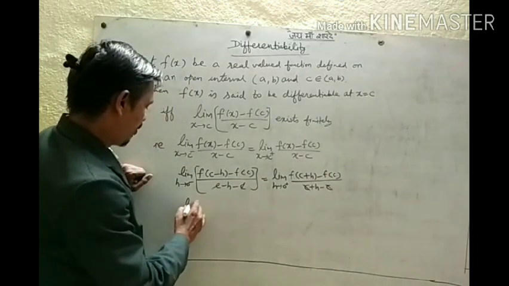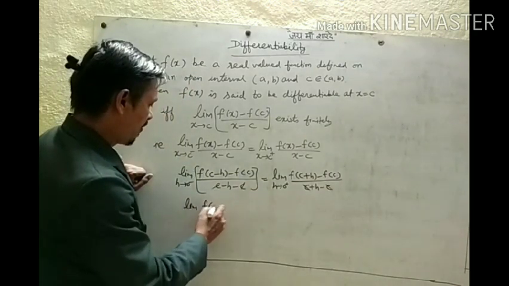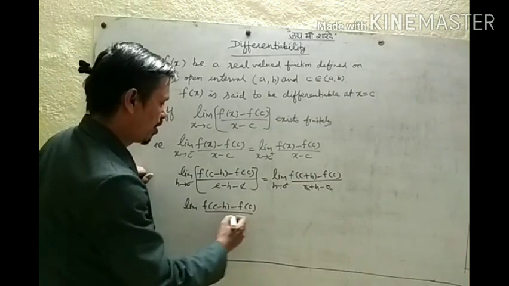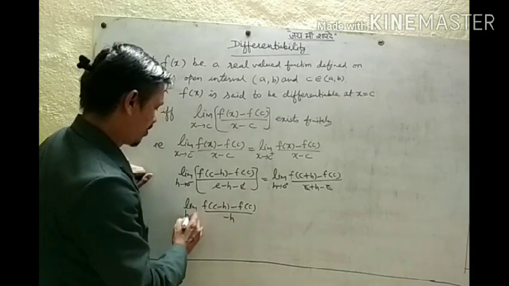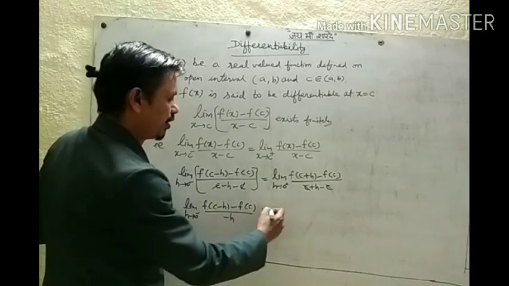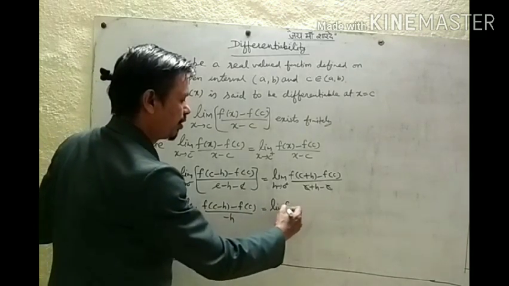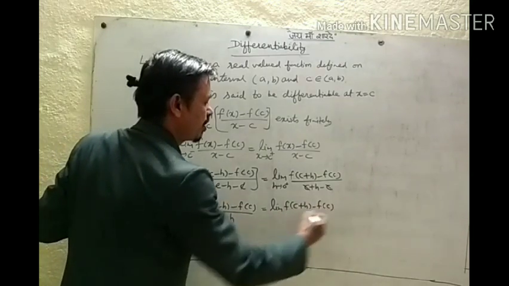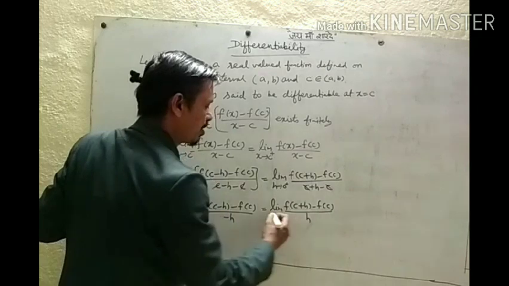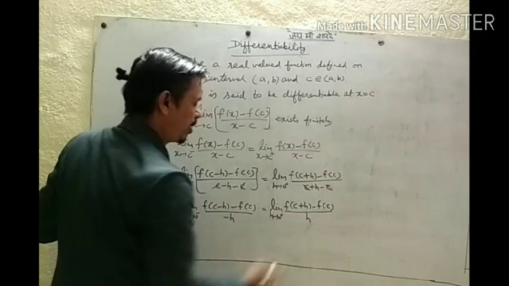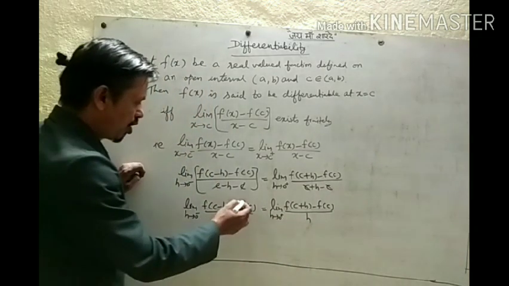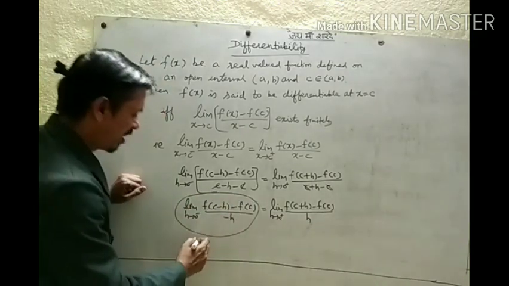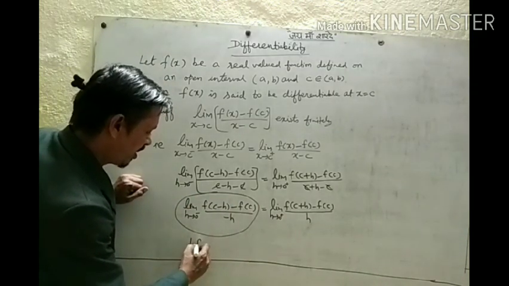Then you get limit of (f of c minus h minus f of c) upon minus h, is equal to limit of (f of c plus h minus f of c) upon h when h tends to 0. So this is called the left hand derivative.